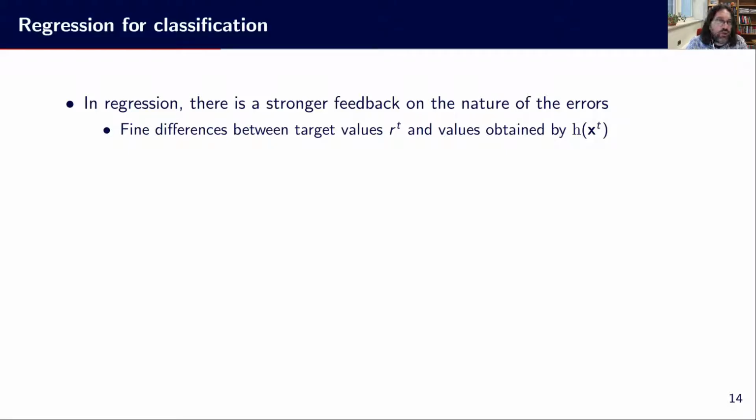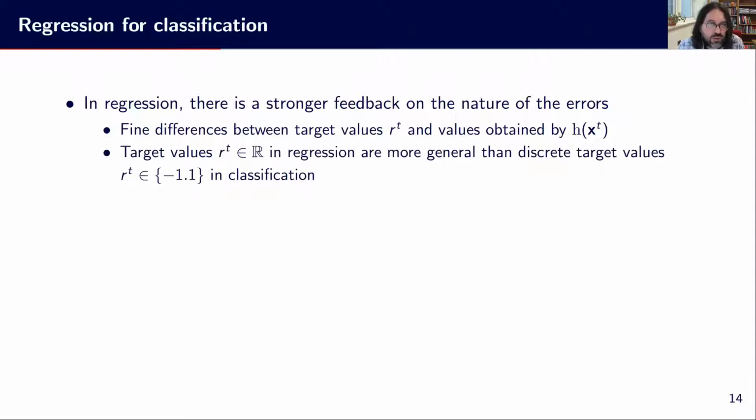As such, we are looking at the difference between h(x) and the r associated to that x, and these differences are really taken into account when optimizing our regression model. So the target values r^t in regression are more general than the discrete target values we are using in classification.